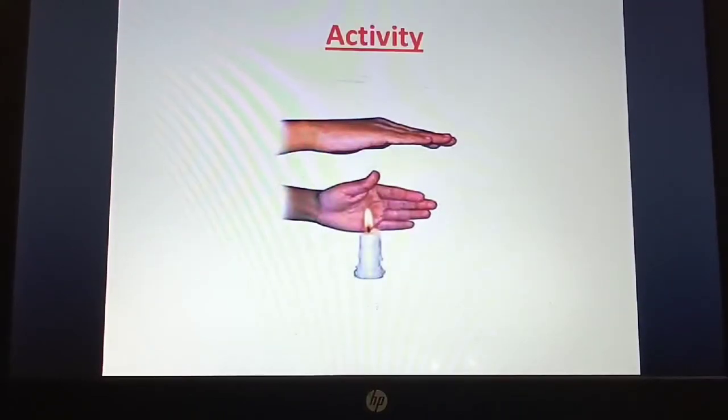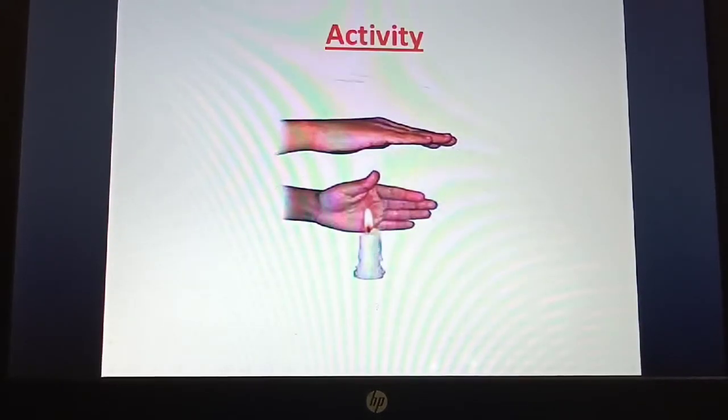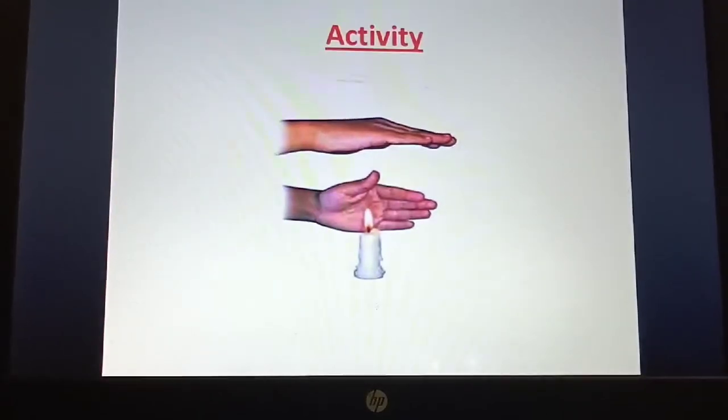Now if you consider this activity, you might have done this activity. Would both of your hands feel equally hot? One is at the side, one is above the candle, isn't it? If your answer is no, why? Which hand would feel more hot?